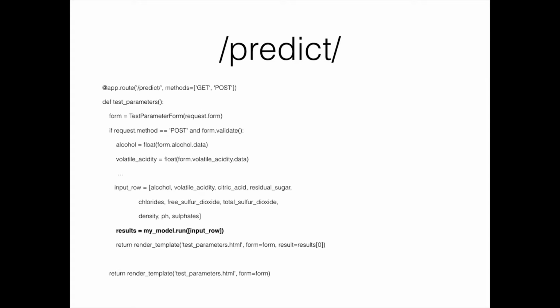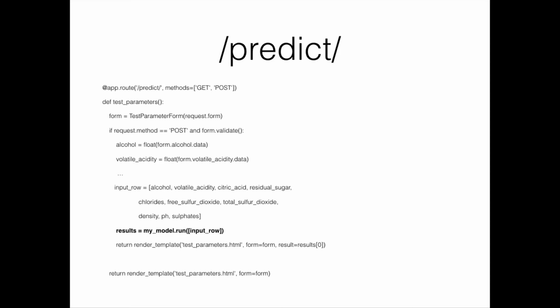On the predict side, we have another app.route for this different URL, /predict. If a user goes to this URL with a get or post request, we'll call this method and create a test parameter form, which I just showed in the previous slide. If the request is a post request, we'll take the input data.